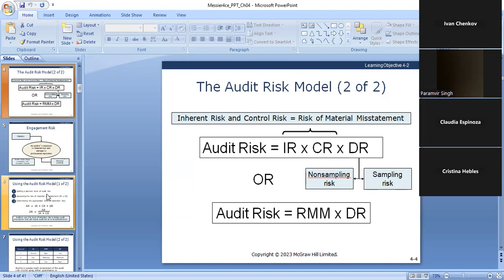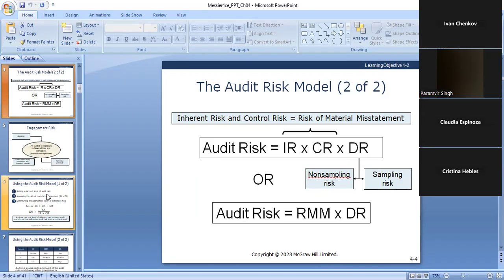Detection risk is also related to non-sampling risk. So if we do not do sampling in the company when we're doing the audit, that increases the detection risk. And sampling risk is if you do the sampling but you're not doing it appropriately.